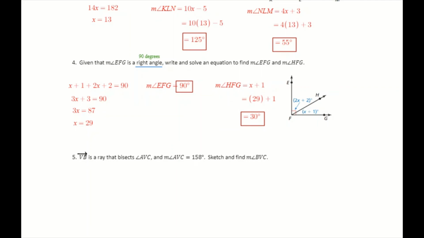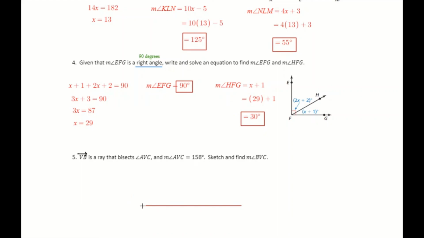Okay, so this is a ray that bisects angle AVC, and AVC is 158. So let's sketch that out. So here's my horizontal piece, and then I've got, oh gosh, oops, sorry guys. All right, so there, and then let's see, 158, the supplement, wait, did we talk about that yet? No, that's next time.